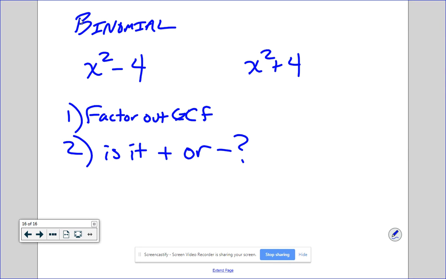Reason this is important: if it's plus, so if it's x squared plus 4, and I ask you to factor it, you can't. Sum of squares does not factor. So if it's plus, and I ask you to factor it, you can't. All you can do is pull out a GCF. You may have been told that before. I'm going to show you why that doesn't work.